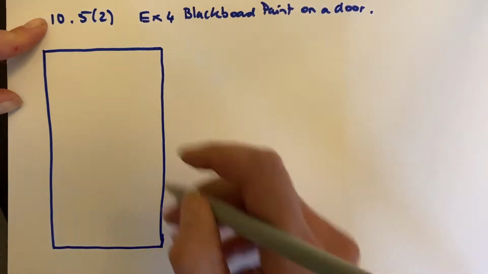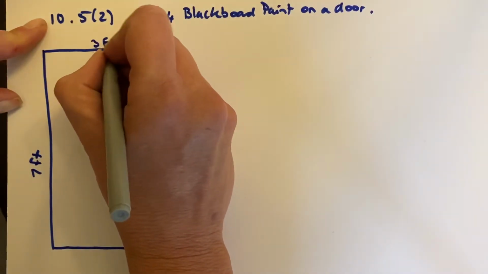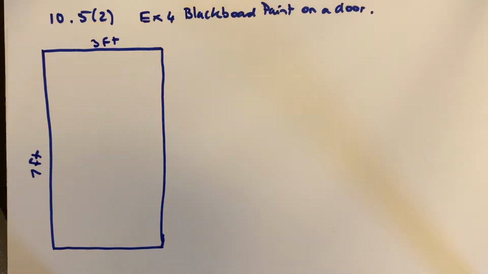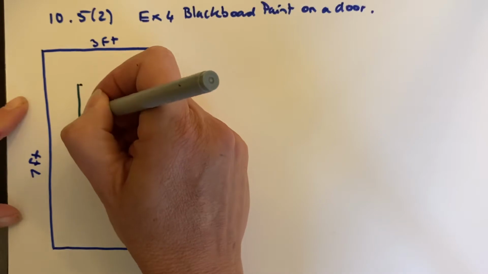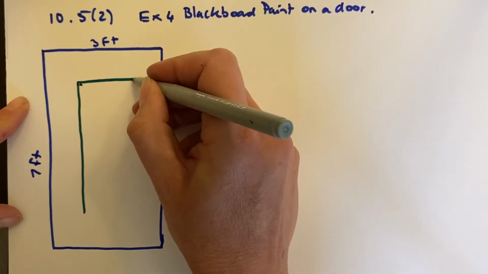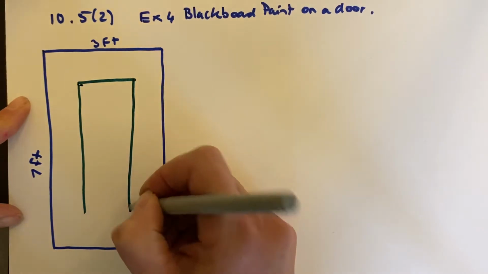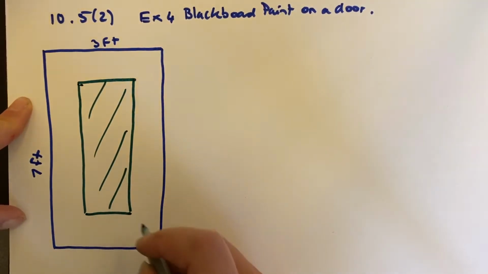And this door is 7 feet long, 3 feet wide. And what I want to do is paint a smaller rectangle on my door out of blackboard paint.